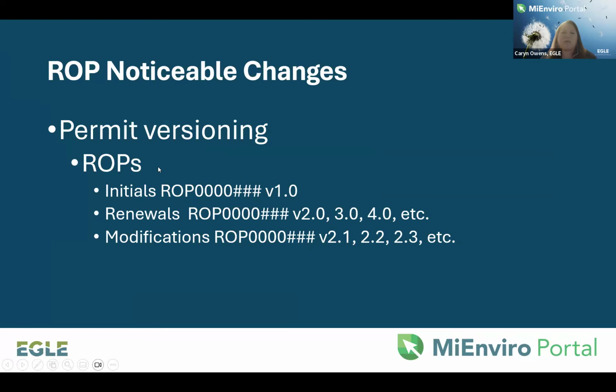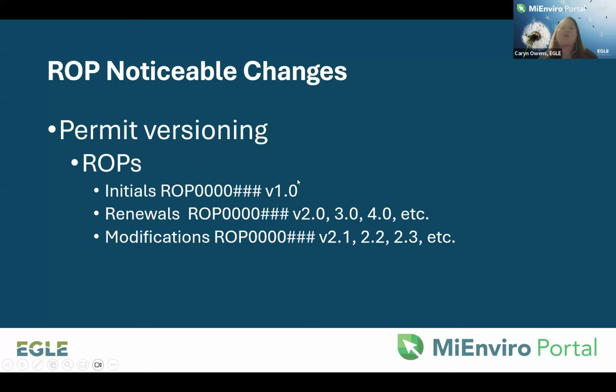Again, I will show you once we get into the system how to make these changes. In order to function in the new MiEnviro portal, we needed to update the ROP numbers in MiEnviro. So the ROP numbers might look a little bit different than what you've seen before. If you have an initial ROP, this versioning is what you're going to want to pay attention to.